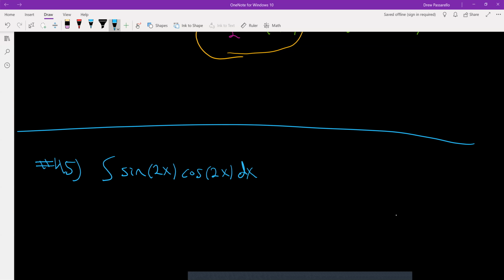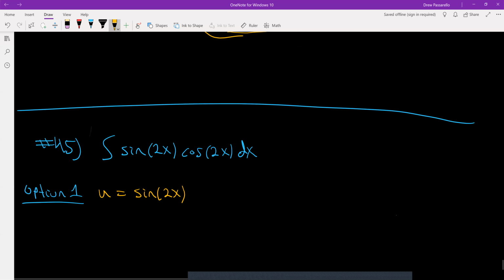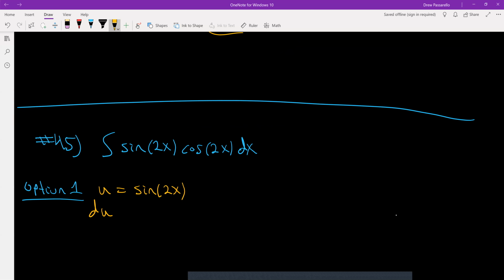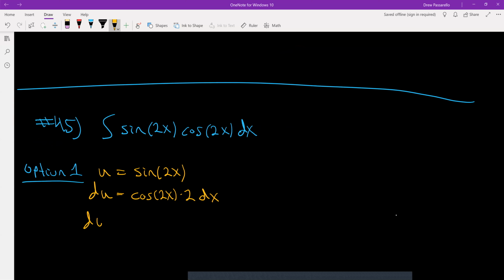All right, so this is option 1. I'll let u be sine of 2x. So derivative of sine is cosine, so it'd be cosine of 2x times 2 by chain rule. So du is equal to 2 cosine 2x dx.